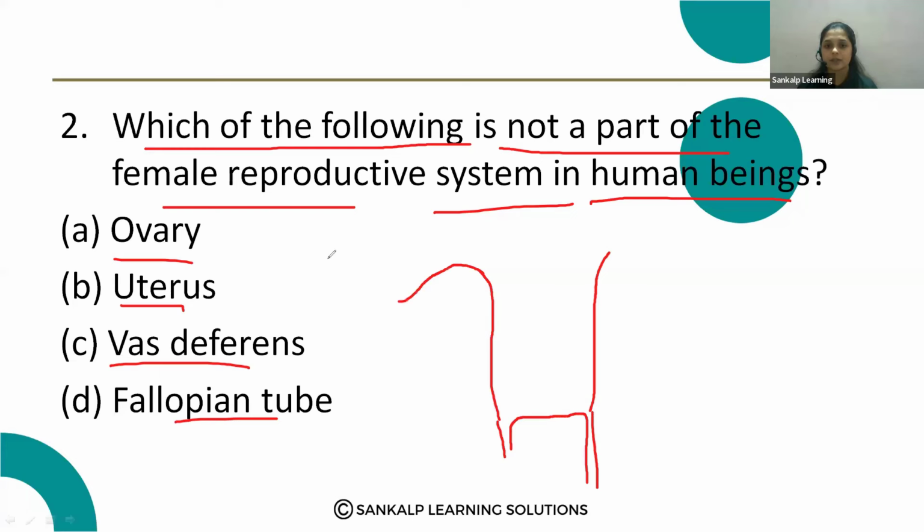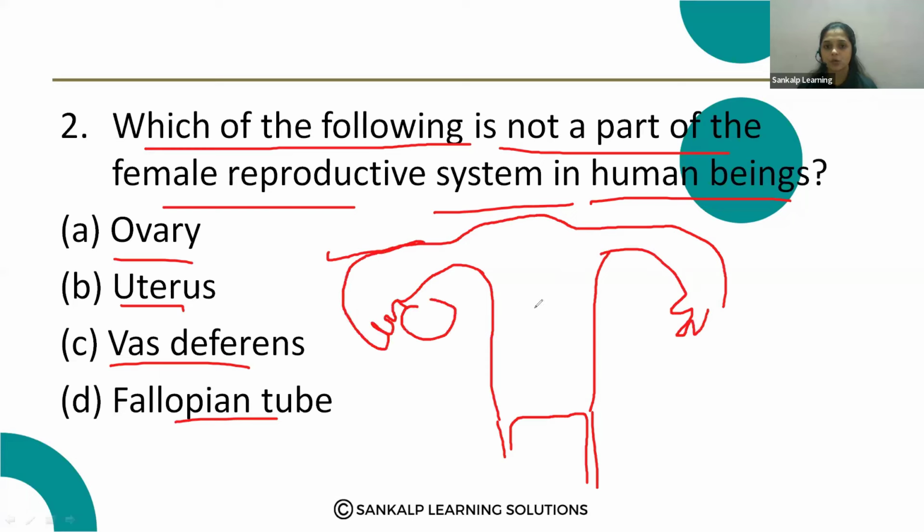Okay, I will draw it roughly. You can observe the finger-like projections here, and the ovary. This is the fallopian tube, and these are the pair of ovaries, which are also present in the female reproductive system.